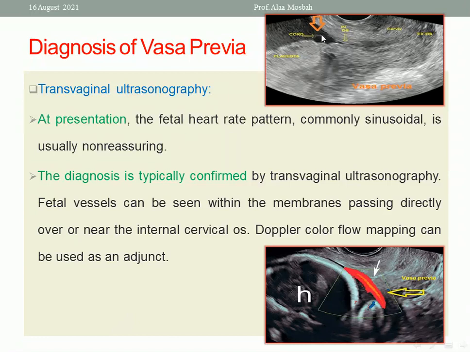Okay, this is the fetal vessel. Or I can use also the color Doppler, as in this picture. This is the Vasa Previa, can be seen clearly with color Doppler also. The fetal heart rate pattern is commonly sinusoidal and is usually non-reassuring.